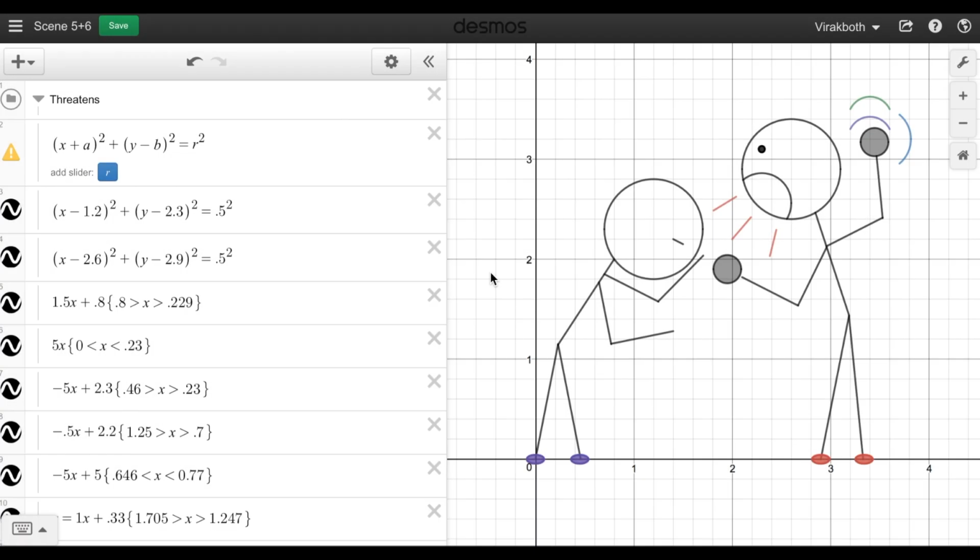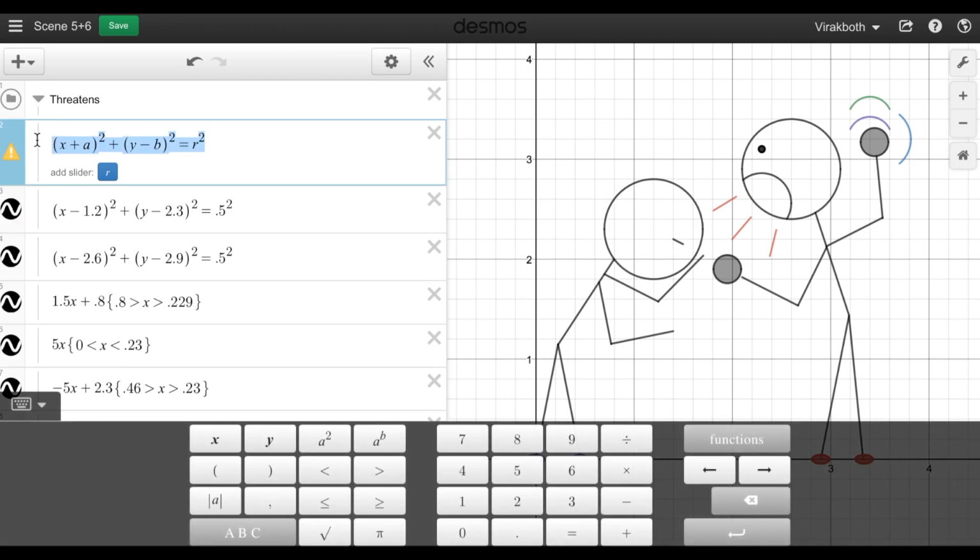Fourth, I use the circle function to create, for example, the head of the stick figures in the form of x plus a to the power of 2 plus y minus b to the power of 2 equals r to the power of 2. I change the size of the circle and move it by changing the variables, knowing that a and b affect the coordinates of the circle center and r affects the radius of the circle.